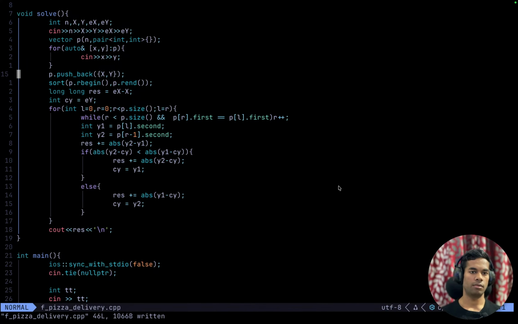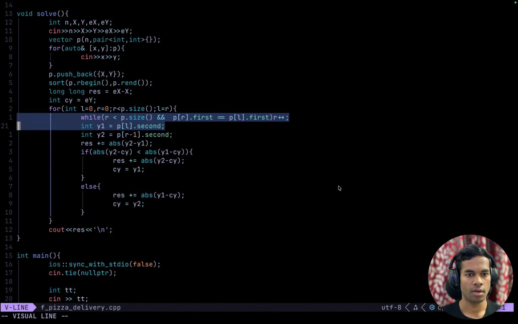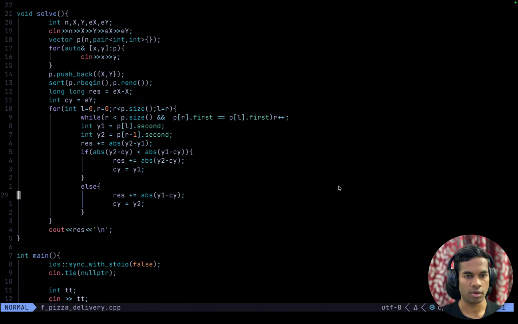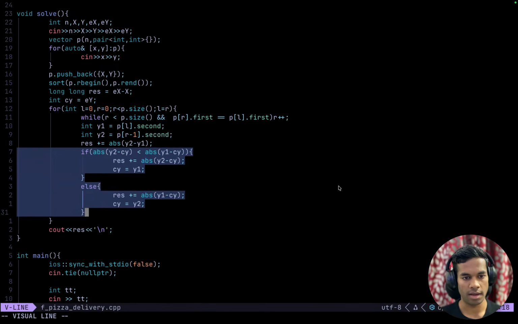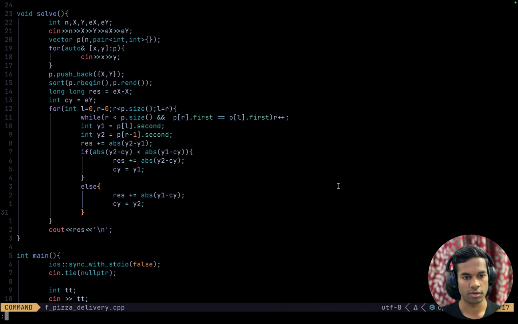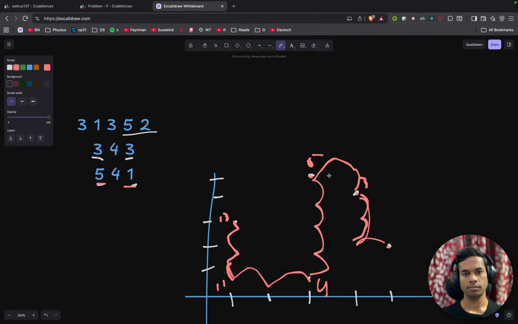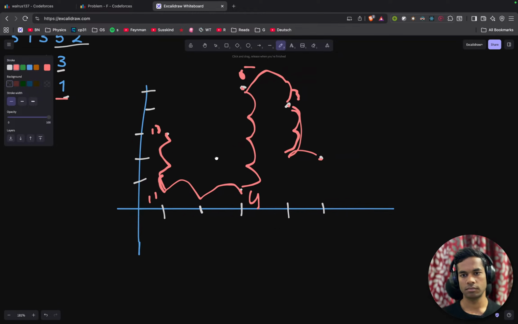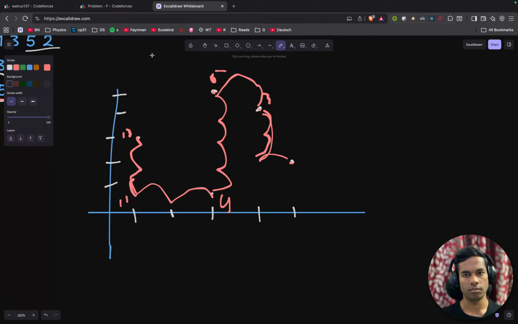Push back x and y, while r is smaller than p dot size. One of the y's is this, the other one is this, absolute, add this to the response. This should be working.